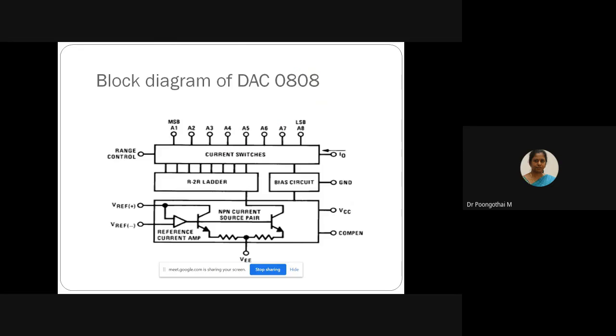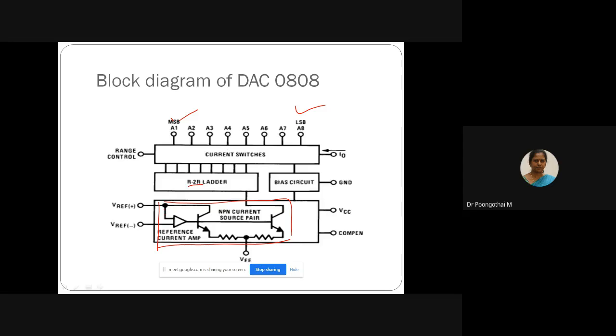So this is the block diagram of the DAC. The inputs A1 to A8 are given to current switches. Here we have the R2R ladder network and the reference current amplifier. So this block is the reference current amplifier.